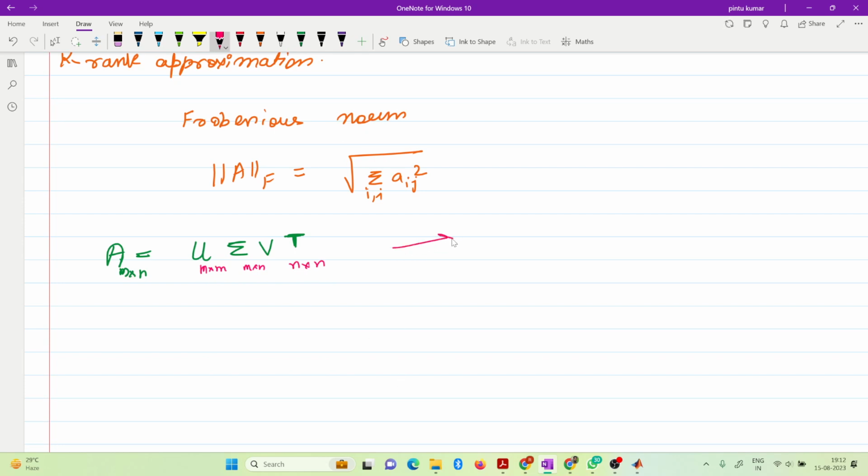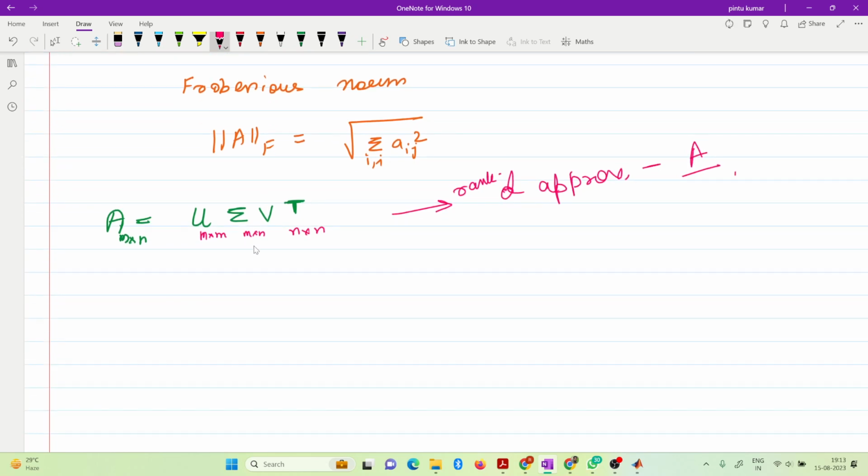Let's say I want to make a rank D approximation to my matrix A. What I need to do is, let's say you have M singular values over here.